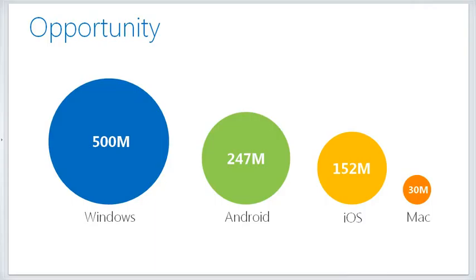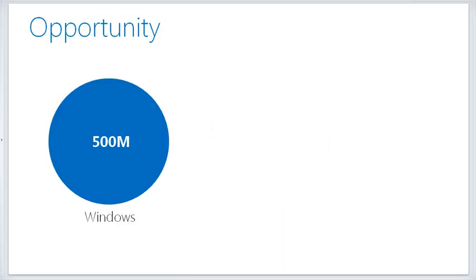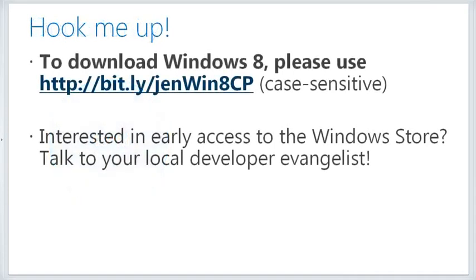There is just an absolutely huge global market for Windows. So if you do have a really cool app idea, I hope that you consider putting it in the Windows Store, because there's a great opportunity there, the greatest opportunity for developers I think that we've seen in a long, long time.